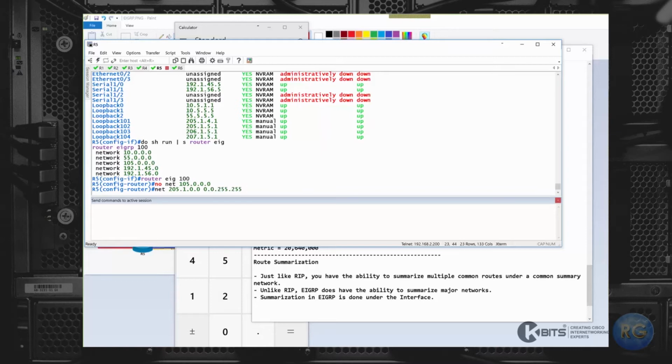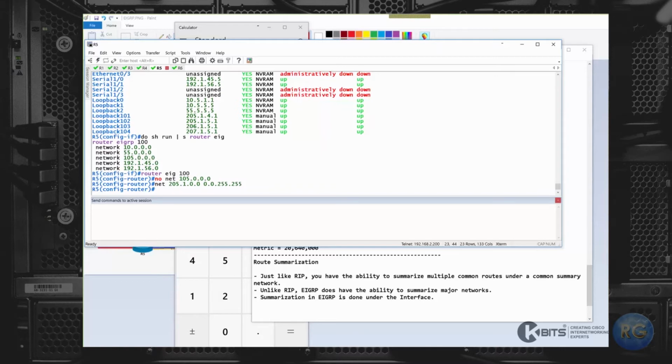This will advertise all the 205.1 networks, just like a wildcard mask. So basically I'm saying anything that has 205.1 in the first 2 octets, enable EIGRP on it. Whereas RIP, I could not do this. RIP would determine, because there was no wildcard mask, it would advertise 205.1.0 subnet if I had one.